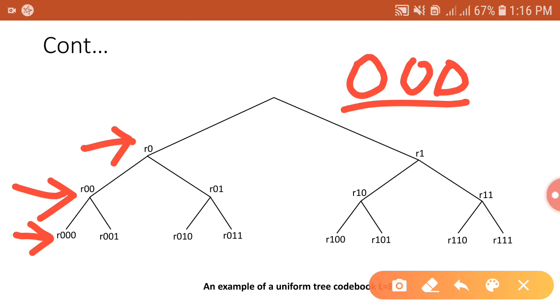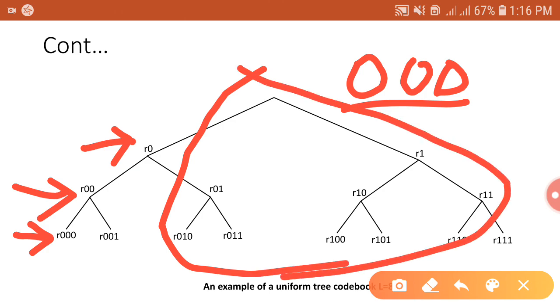So here the search complexity is reduced because we are not computing the distortion for all the code vectors. As you can see, this part of the tree is skipped. You are not computing the distortion for all these vectors, right?